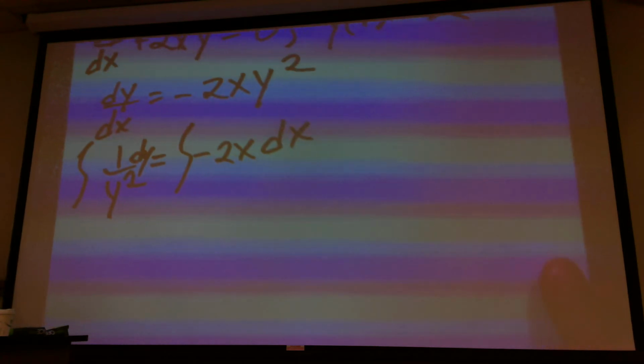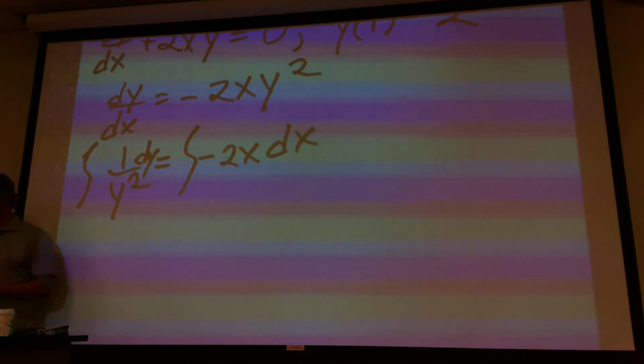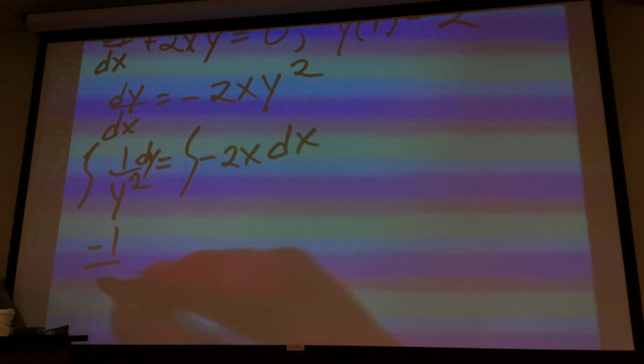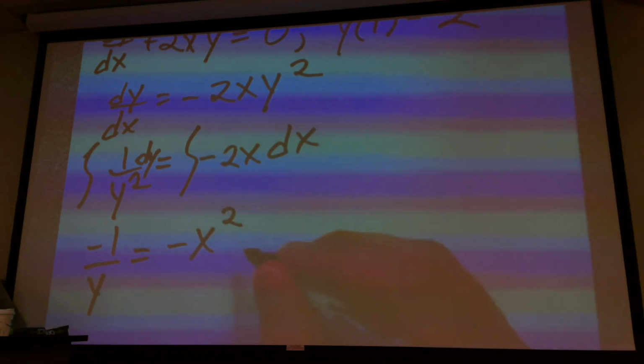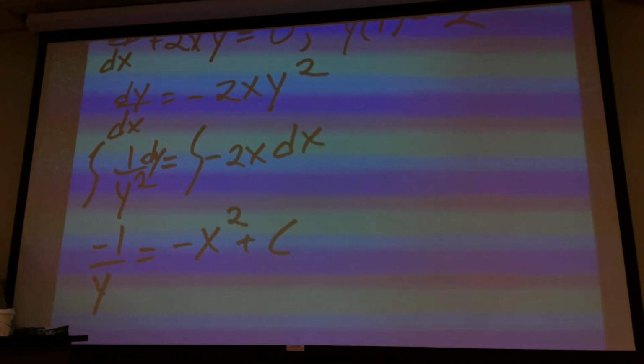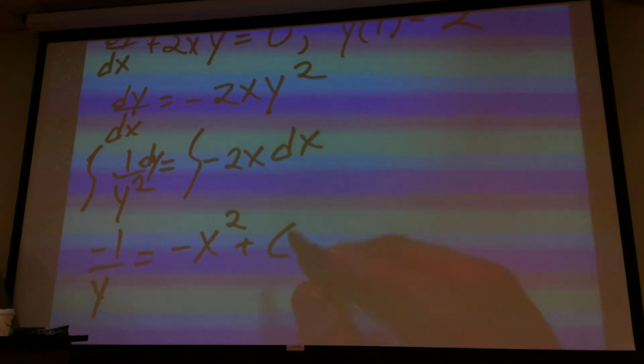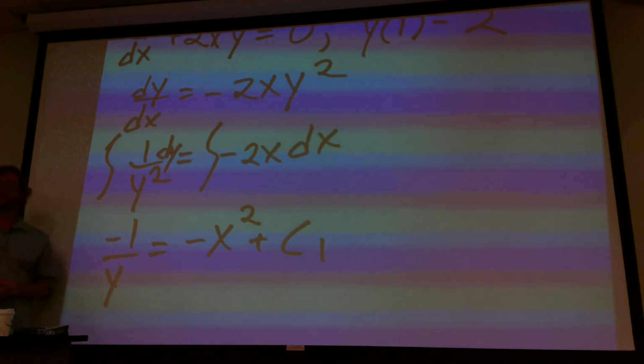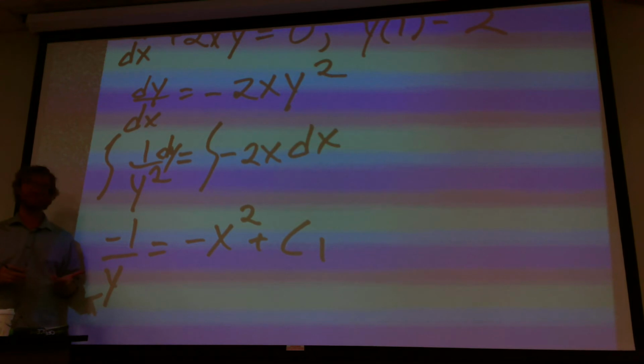Okay. Now the integral of 1 divided by y squared, that's sitting at negative 2, so it has to go up to negative 1 and divide by that. Negative 1 divided by y is going to equal negative x squared plus c. Now let's call this C1. The only reason I'm calling it C1 is that everybody's got a negative on it, and so I'm just going to multiply everybody by negative 1.